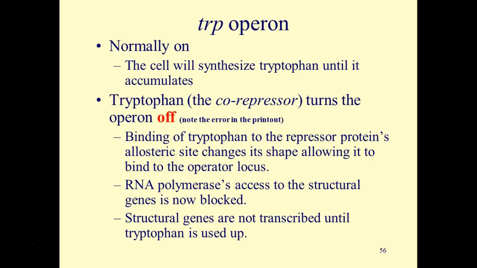Now it will block RNA polymerase because it's like a boulder sitting on top of the DNA. RNA polymerase's access to the structural genes is now blocked, and the structural genes are not transcribed. There'll be excess tryptophan. When tryptophan gets used up now, the repressor protein is going to fall off, and now the operon is going to be turned on.